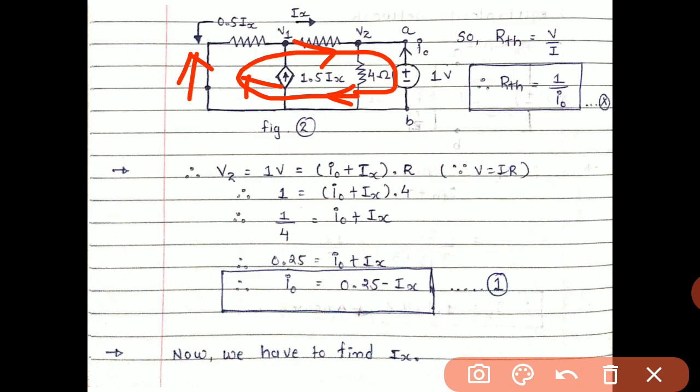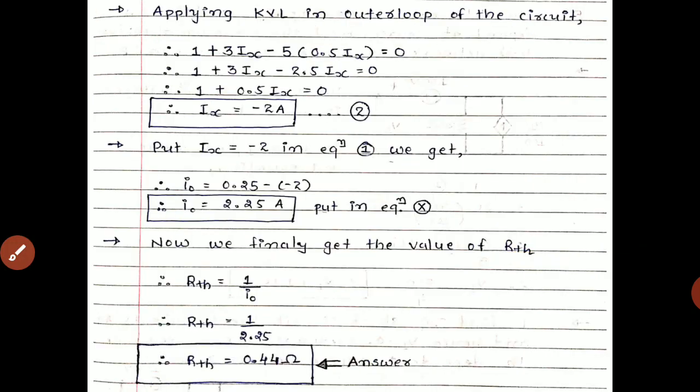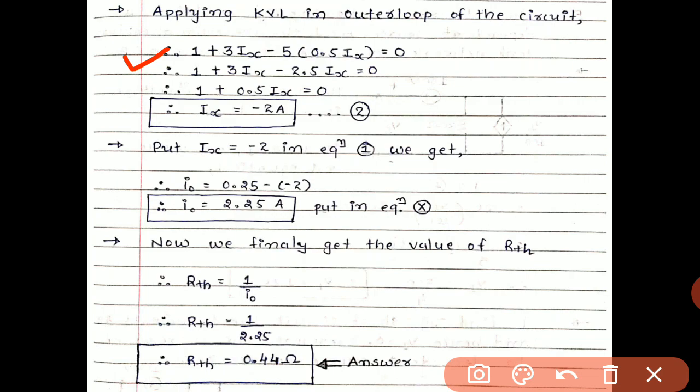Rearranging all the terms, we get: 1 plus 3Ix minus 5 into the bracket, the current flowing through the 5 ohm resistance, that is 0.5 Ix as seen in the figure, equals 0. Why is this negative sign here?